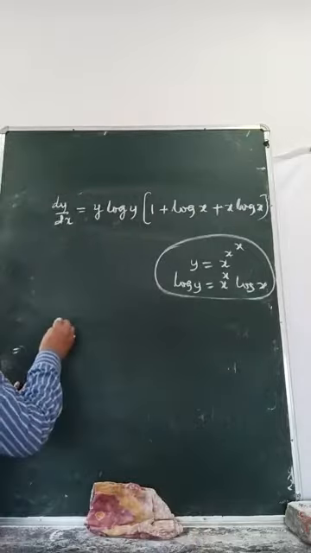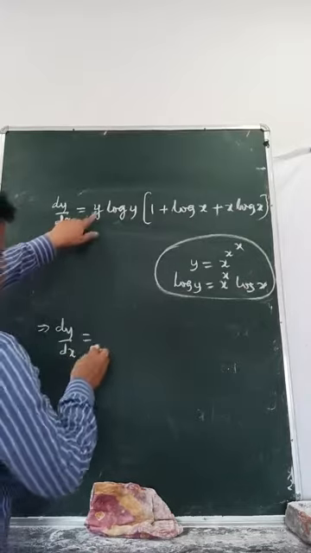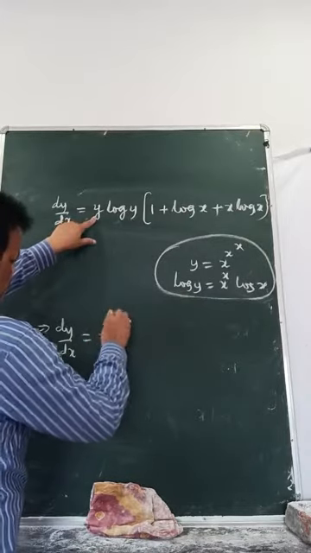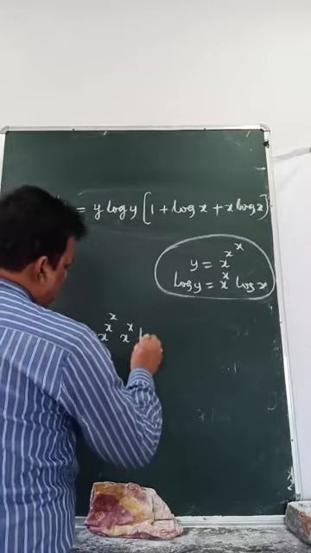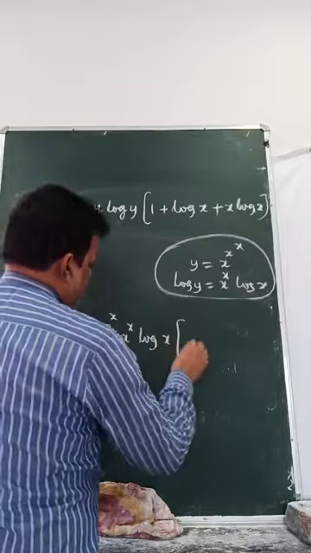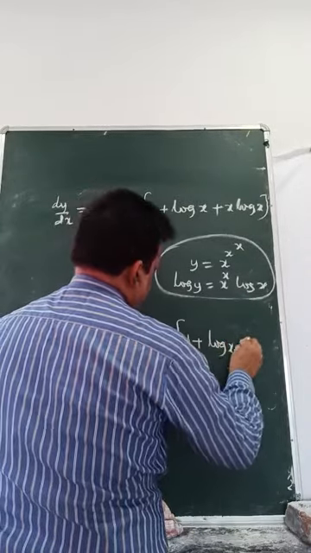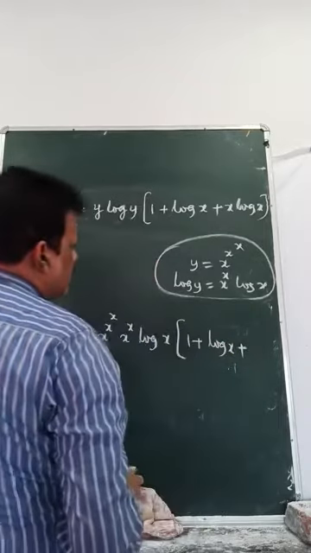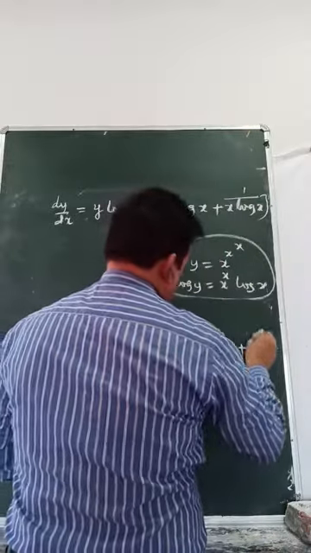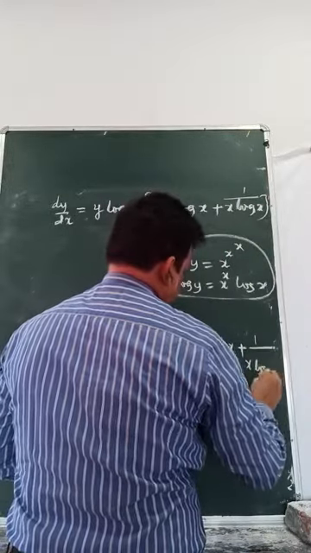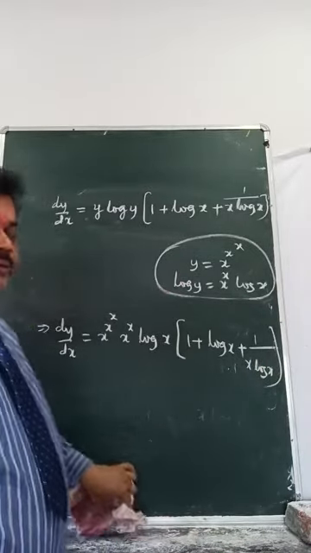So that will be dy by dx, this y is x to the power x to the power x, log y is x to the power x log x, into 1 plus log x plus, I think it is, 1 upon x log x. Okay, this is the second question we did.